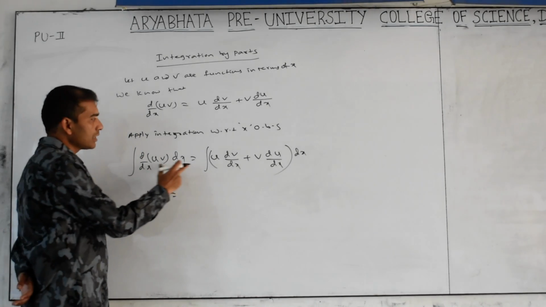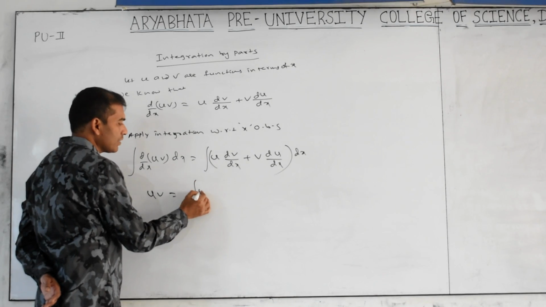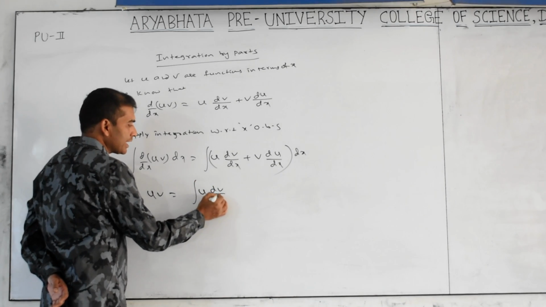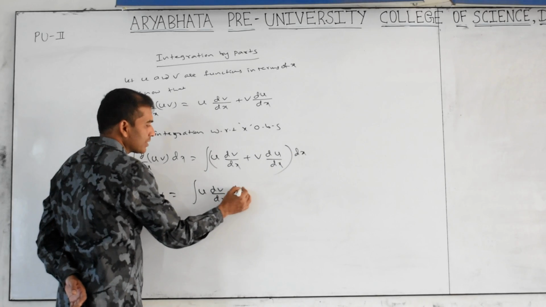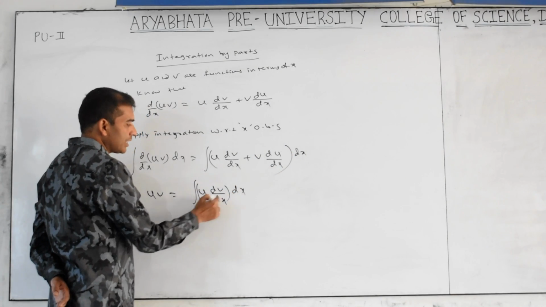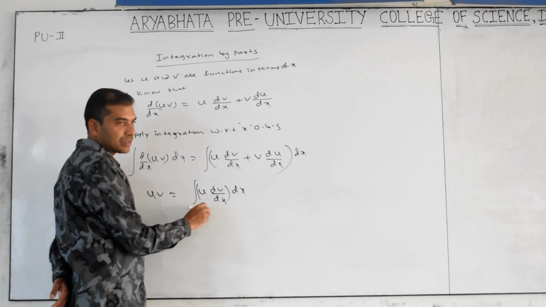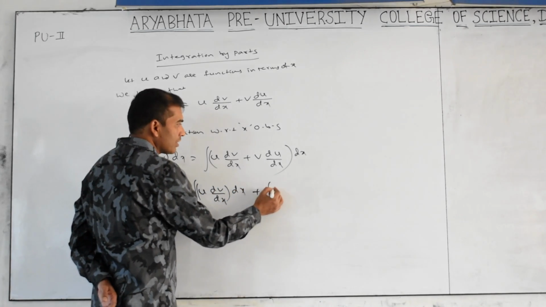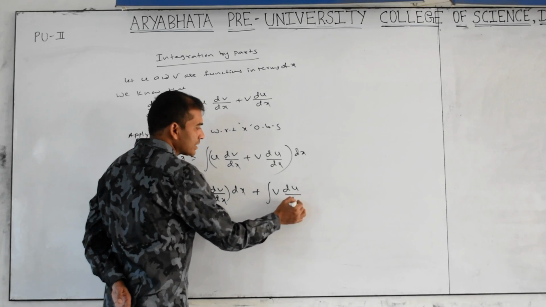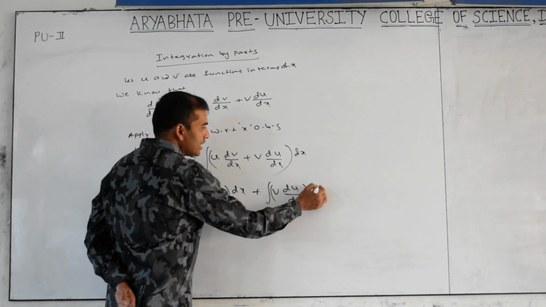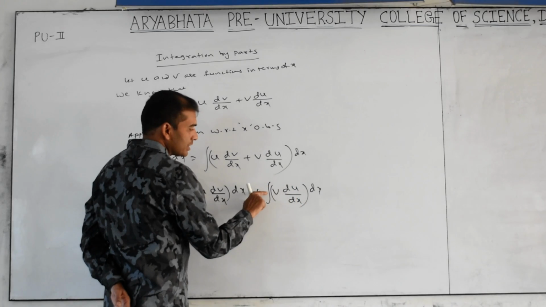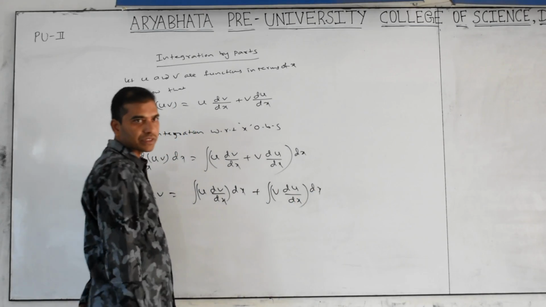This splits into integration of u dv by dx dx, plus integration of v du by dx dx. Understood? Here don't cancel like this. If you cancel like this, it is meaningless. The meaning is that this is the function, and the integration is with respect to x.